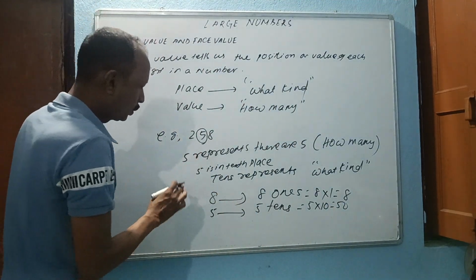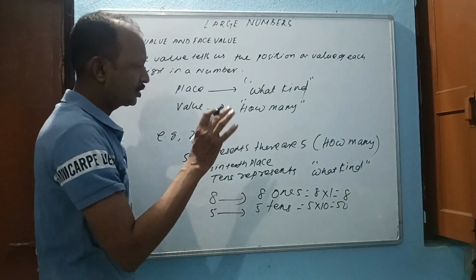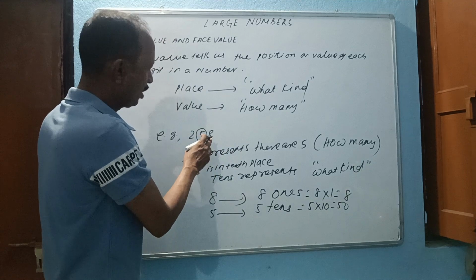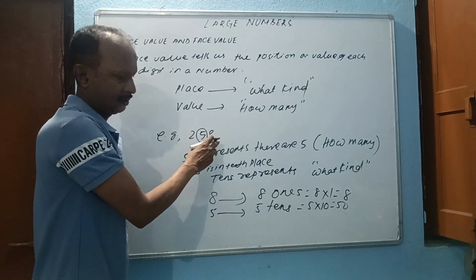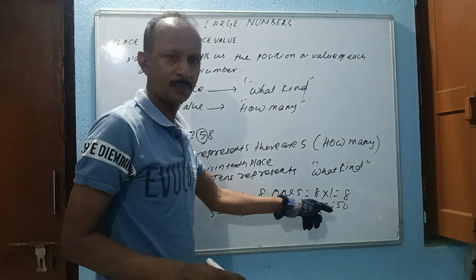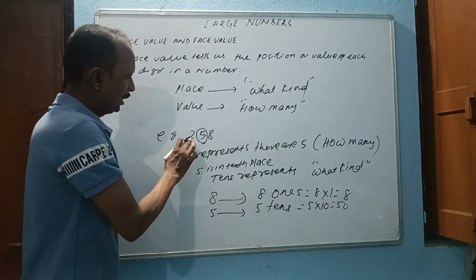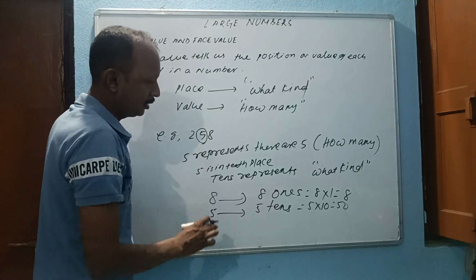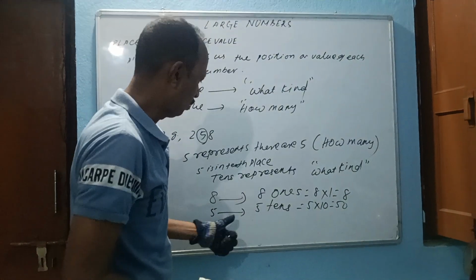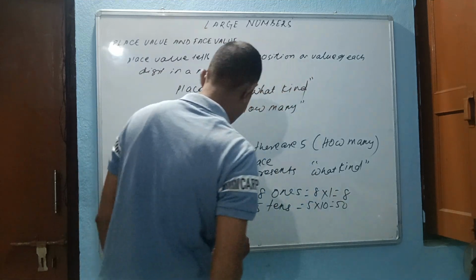Similarly, the 2 which is in the extreme left; I started from the extreme right. I have discussed the digit 8 which is in ones place, the digit 5 which is in tens place, the digit 2 which is in hundreds place. So 5 tens means 5 into 10, that is equal to 50.